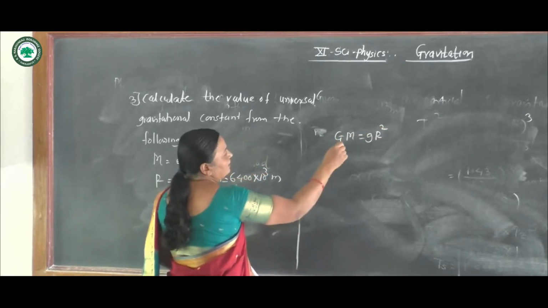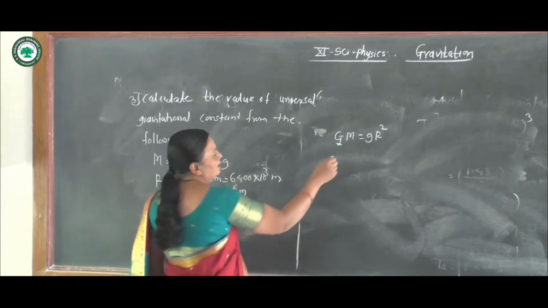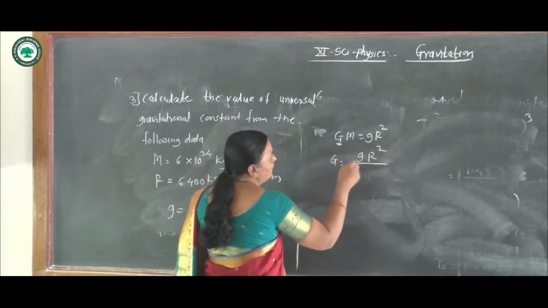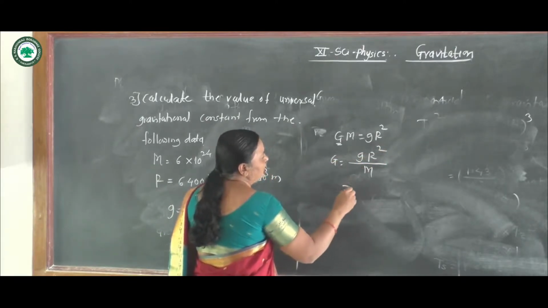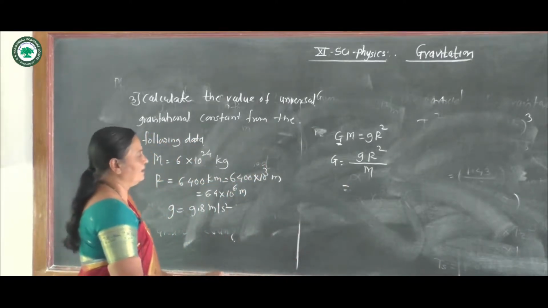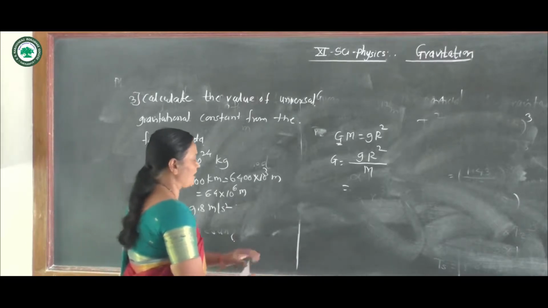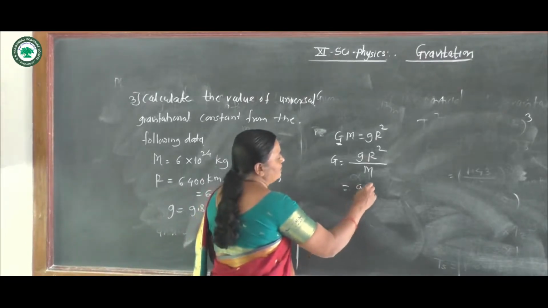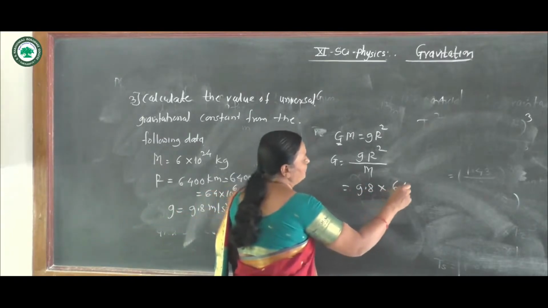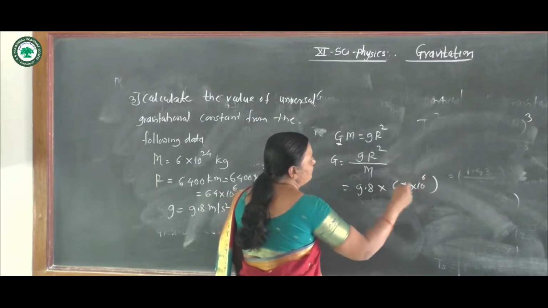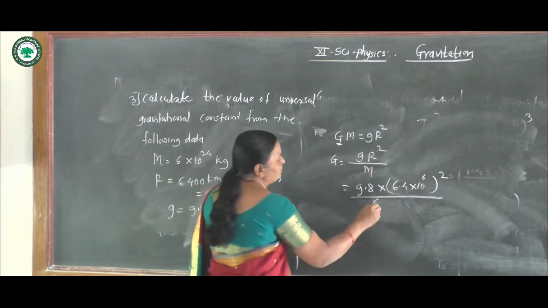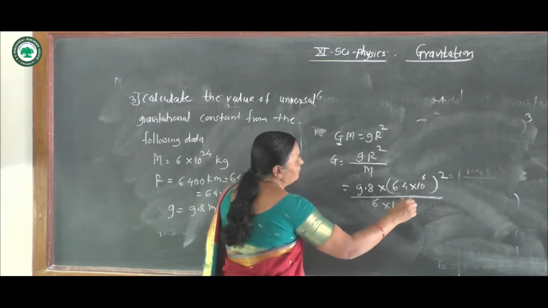Now we have to find the gravitational constant G, that is G is equal to g R square divided by M. Substitute the value of g, it is 9.8, and the value of R, it is 6.4 into 10 raised to 6 bracket square, divided by mass of Earth, it is 6 into 10 raised to 24.